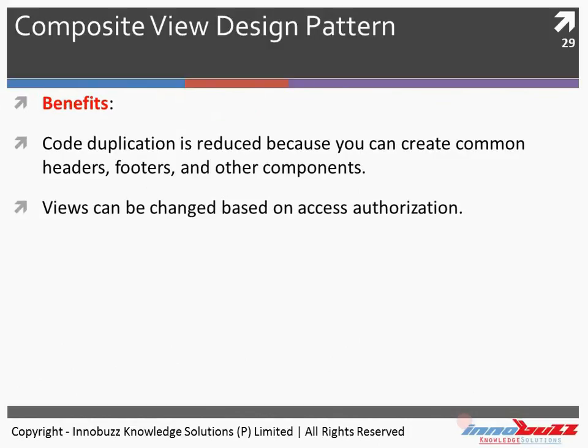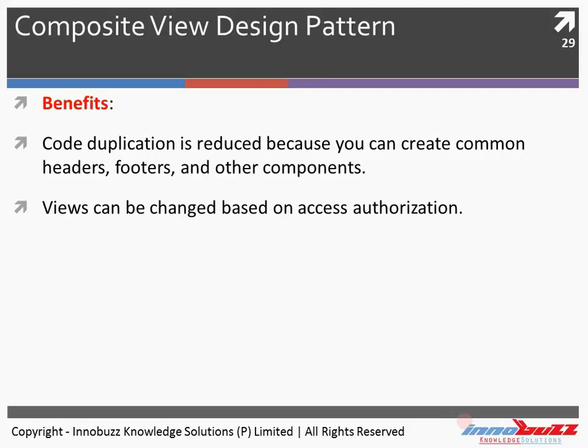Views can be changed based on access authorization. As I have said earlier, based on the access for a particular user, the screen can be shown accordingly. Some components can be completely hidden. If the user doesn't want to see the navigation view, you can completely hide it by separating all these pages within a screen.